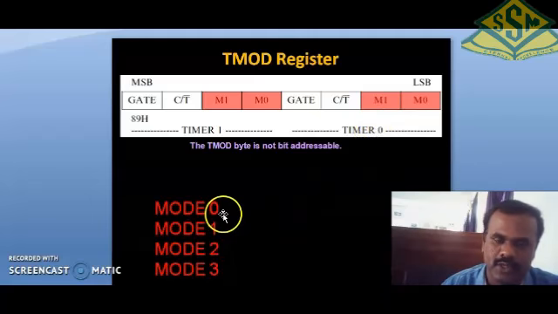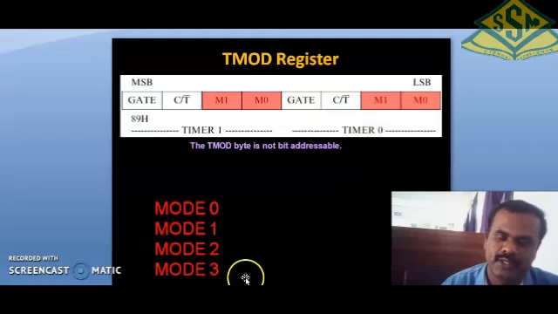Applying 00 selects mode 0. Applying 01 selects mode 1. Applying 10 selects mode 2, and 11 selects mode 3.